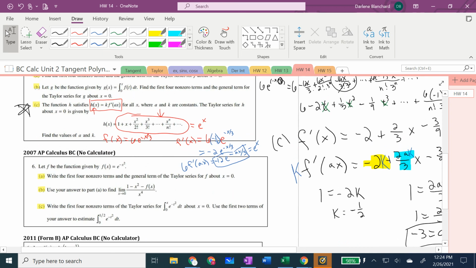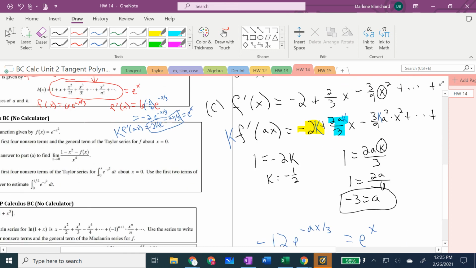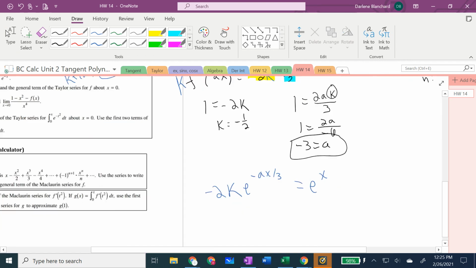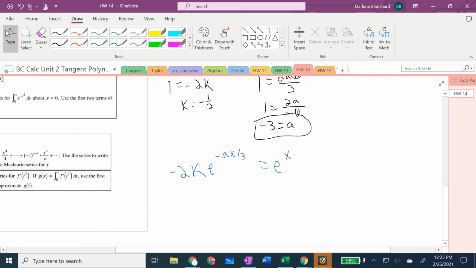Instead of multiplying by 6, wouldn't you multiply by k? Yes. There it is. I accidentally went back to that multiplication by 6 from earlier. So I had gotten negative 2, and now there's a k. Okay, there we go.